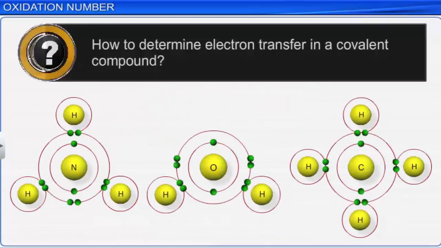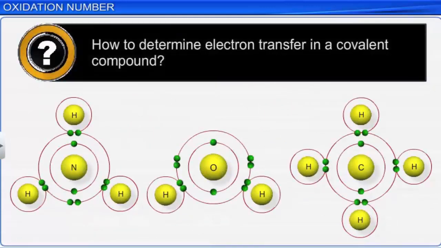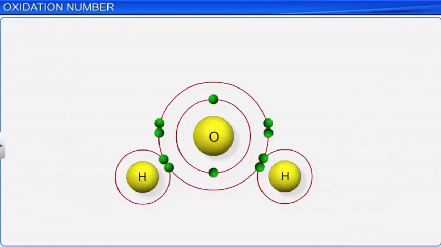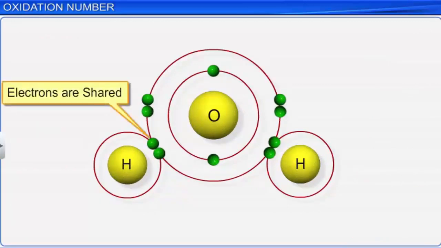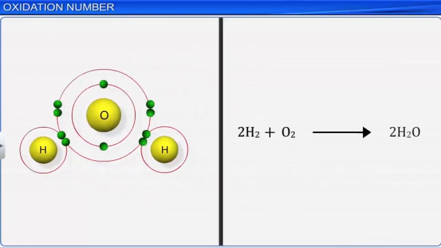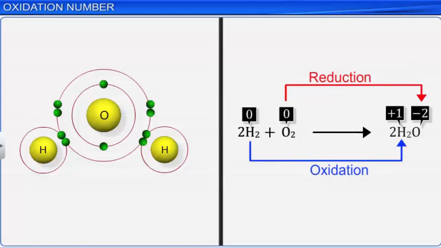But how does one determine an electron transfer in the formation of a covalent compound like water? In the formation of water from its elements, we can assume that hydrogen and oxygen atoms are undergoing a change from neutral state to positive and negative state respectively.